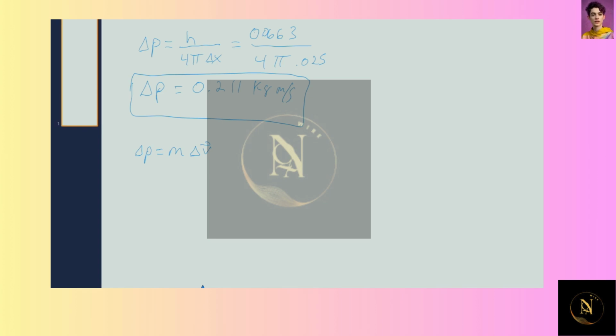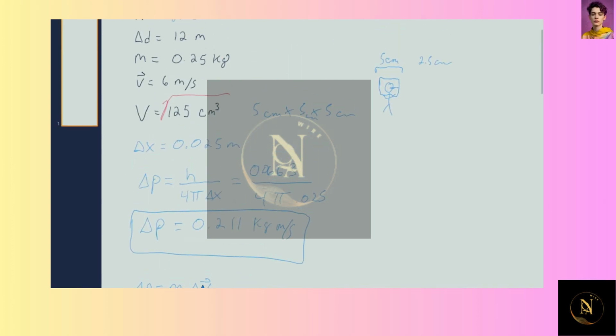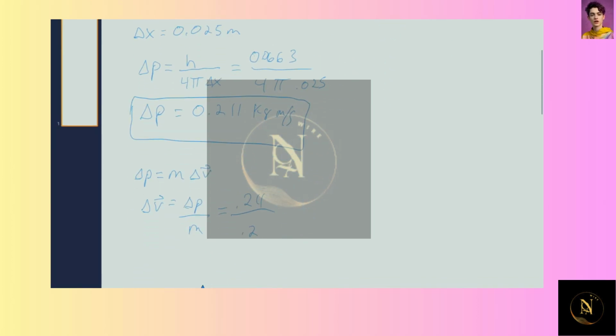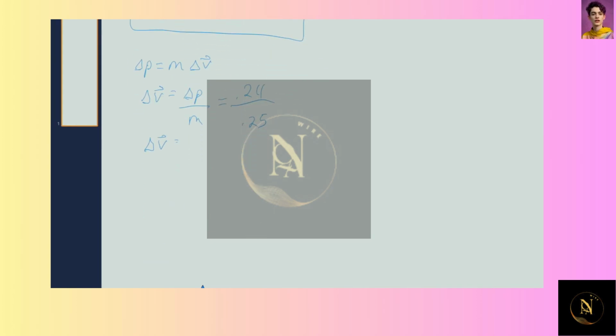I want to find the uncertainty in the velocity, so delta v equals delta p over m. Running the numbers, 0.211 over 0.25 kilograms gives us an uncertainty in the velocity of 0.844 meters per second.